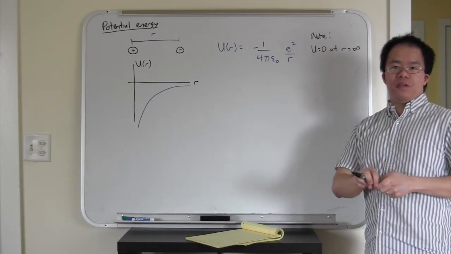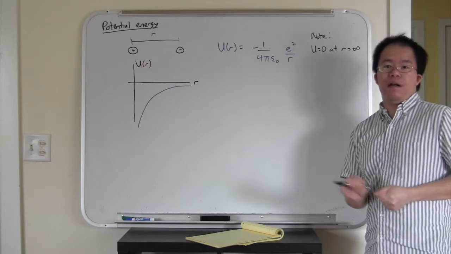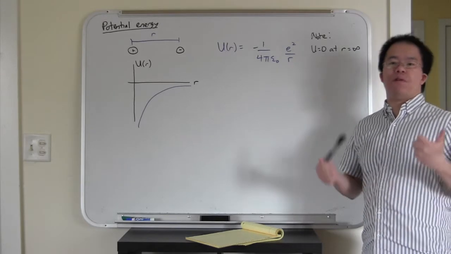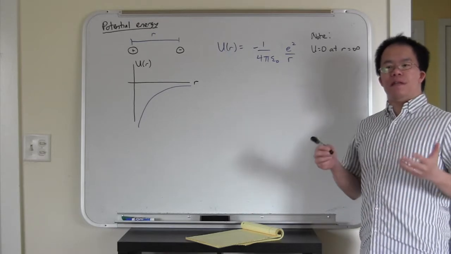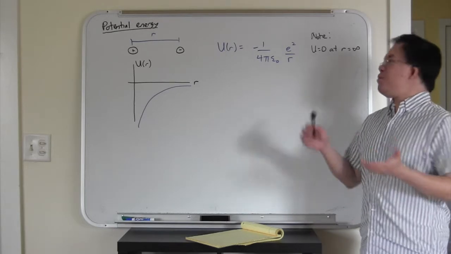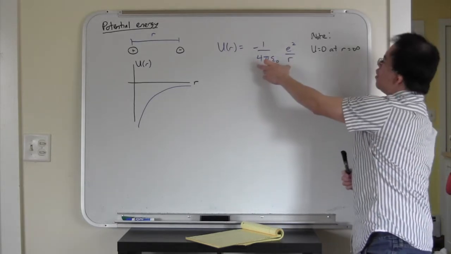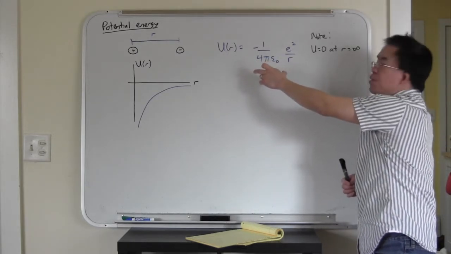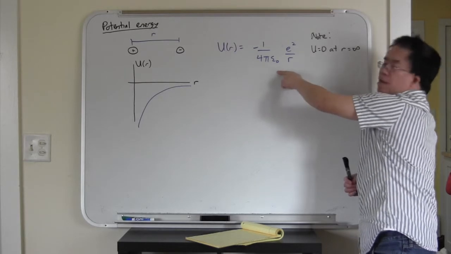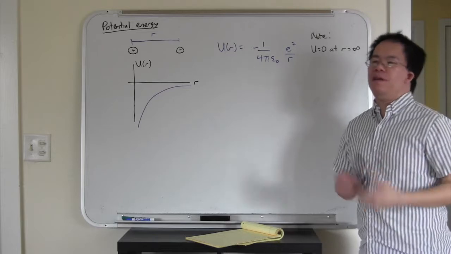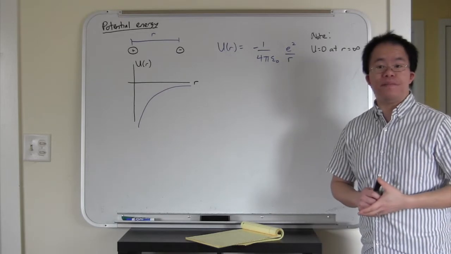Now this is somewhat arbitrary, but it's typical convention in E&M for a good reason. There are several reasons why. First of all, it's only because we assume that U is 0 at infinity that you can write the potential energy down in this nice form. Otherwise, there'd be an additive constant.